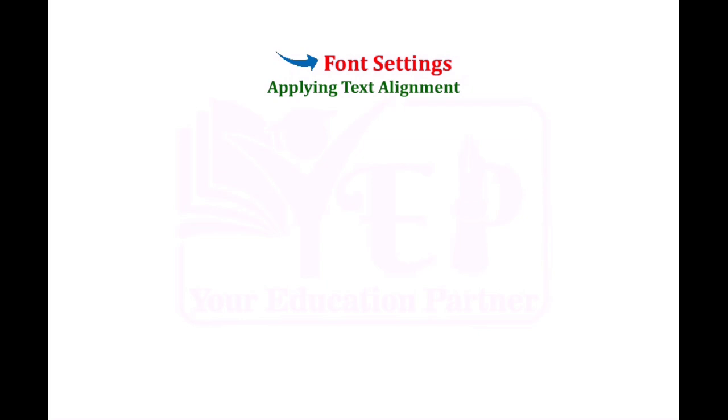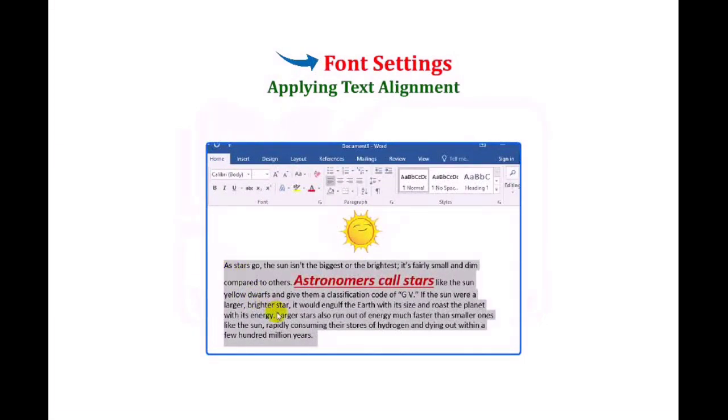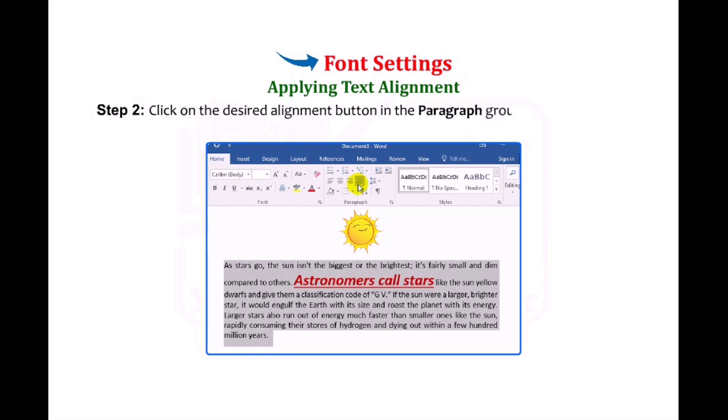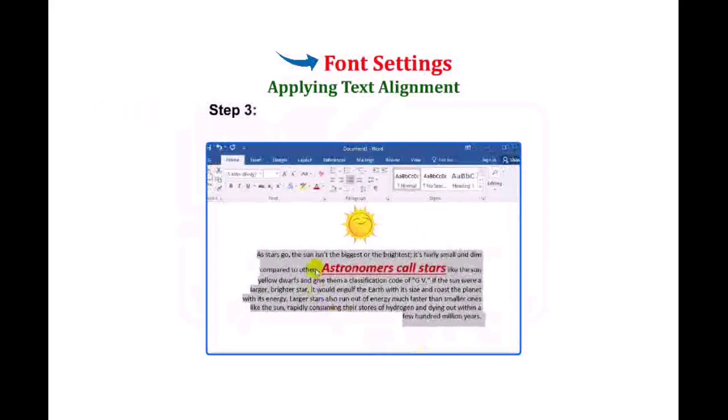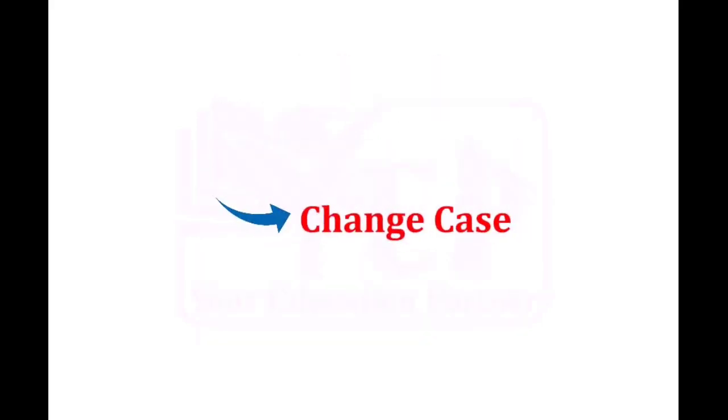Applying text alignment. Step 1. Select the text. Step 2. Click on the desired alignment button in the paragraph group in the Home tab. Step 3. The text will be as per your chosen option.